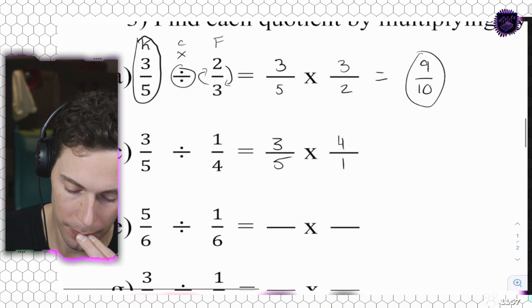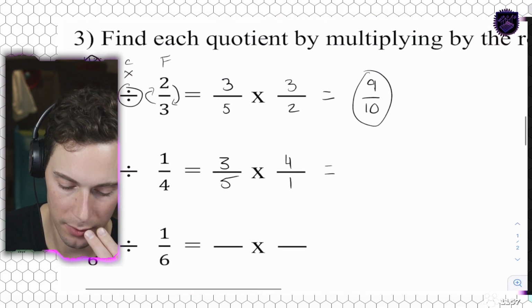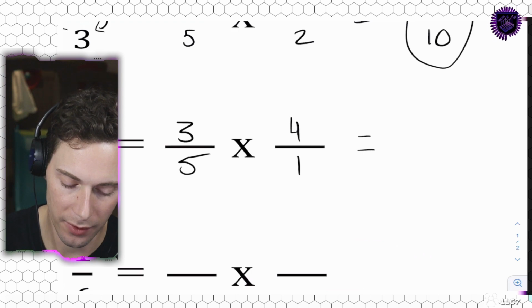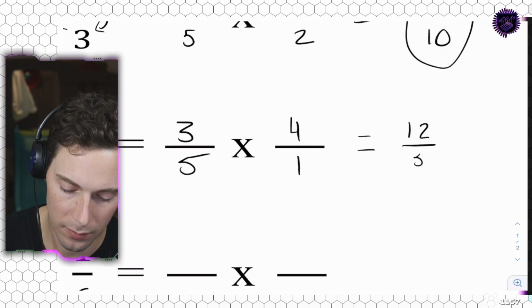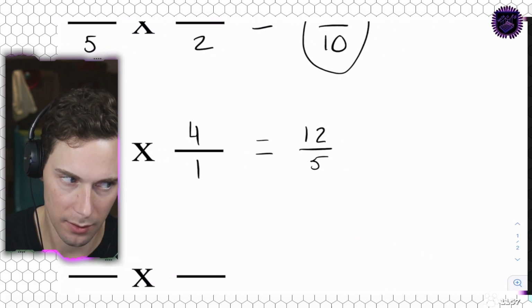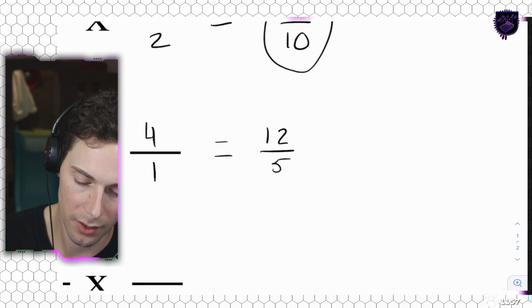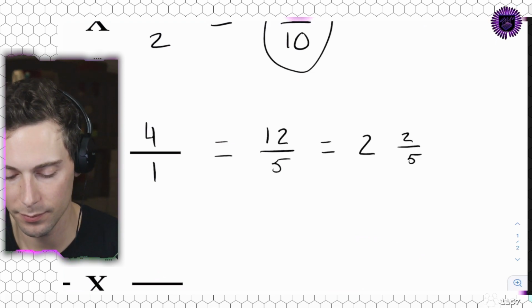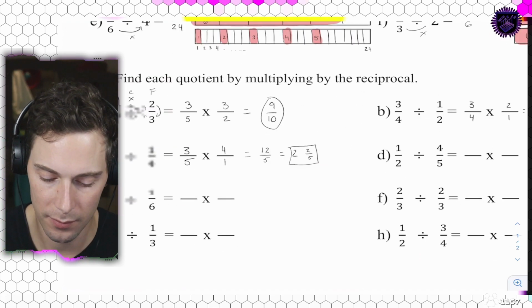So the answer to this is going to be simply multiplying across, which is 12/5. Now, you can't simplify 12/5, but you can turn it into a mixed number of 2 and 2/5. That's our answer. It's always nice to square our answers.